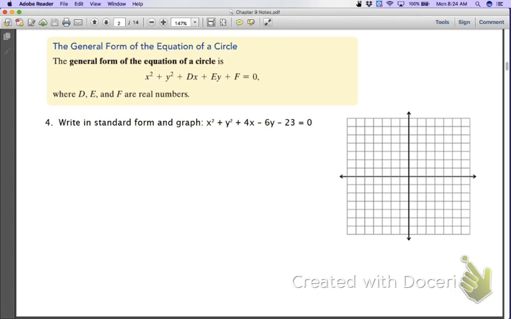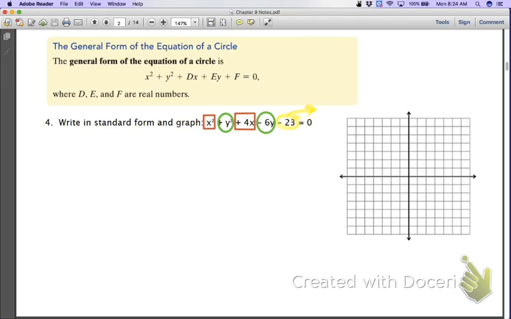The last type then is the general form of an equation of the circle, where you're going to have to use completing the square to find it. Basically you have an x squared, a y squared, an x, a y, and a constant. First thing I would do with any of these is two things: take your constant value and send it over to the right side, and then group your x values together and your y values together.